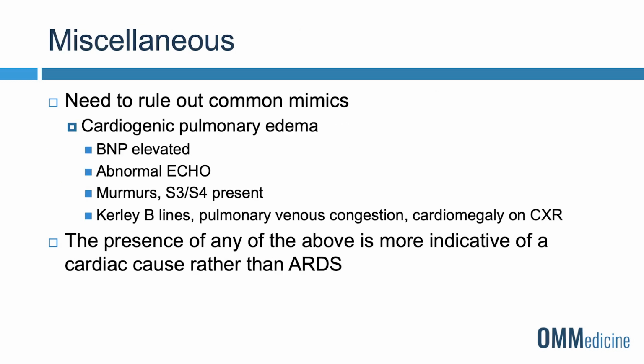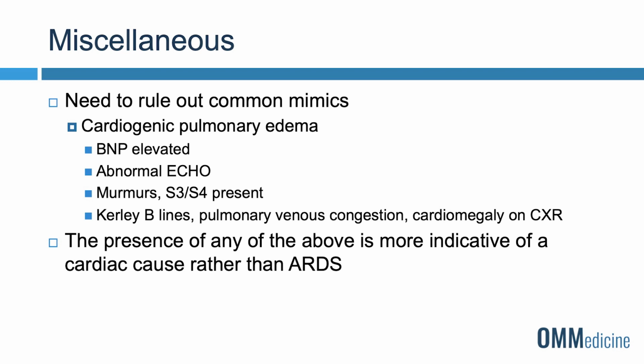So as we just discussed, in order to officially diagnose ARDS, we also need to rule out other common mimics of this condition, and the most common mimic that we need to rule out is going to be cardiogenic pulmonary edema. So essentially, we need to test the patient to see if they have any cardiac condition that would trigger pulmonary edema, and so we'll do this by getting a BMP, an echo. We'll listen to them clinically and see if they have any abnormal murmurs or heart sounds, such as an S3 or an S4.